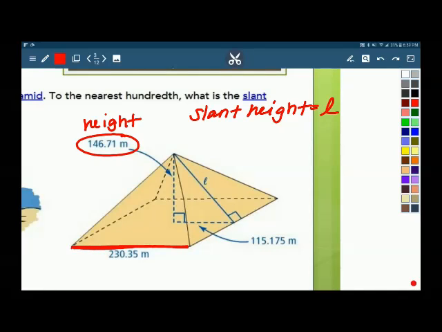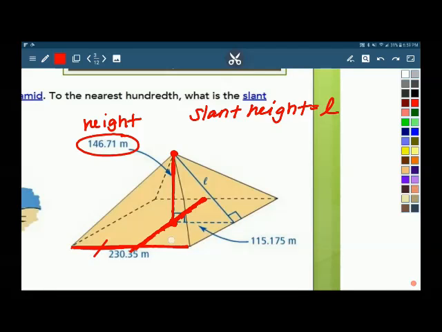Now, they've already drawn a dotted blue line, I'm just going to bold that. So this line right here, the height of the pyramid, the point at which the height of the pyramid intersects the square on the bottom is in the center. So there's another distance here, which is like the height of the square on the bottom of the pyramid, which cuts this side in half.